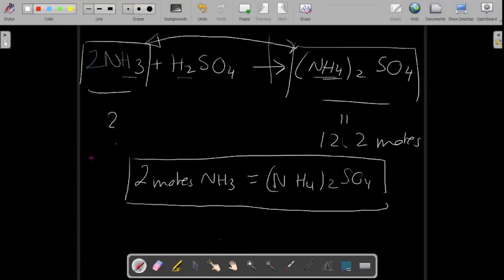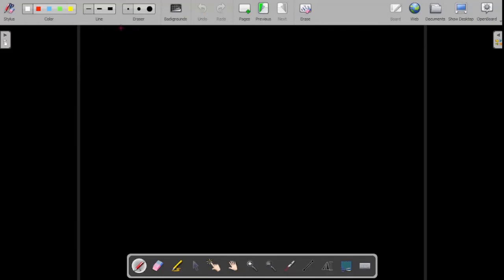So let's see if I can get another page. Here in the other page, I'm going to start with what they gave me. 12.2 moles of the fertilizer. It's not writing very well.